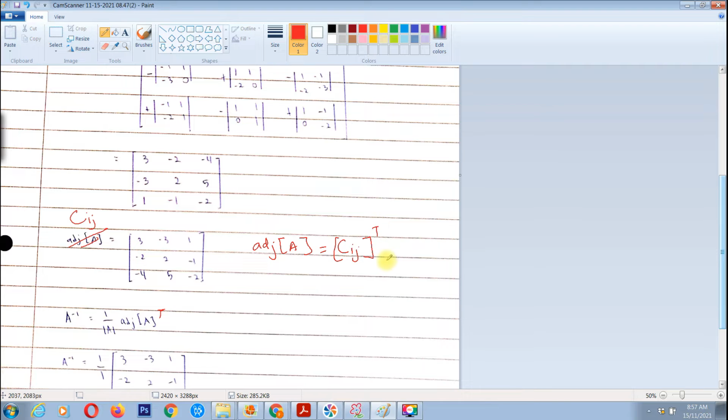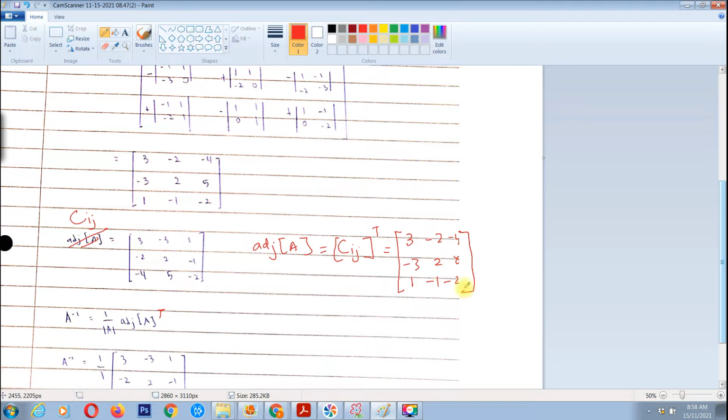We need to transpose, and we will get 3, negative 2, negative 4, negative 3, 1, 2, negative 2, negative 3, 2, 5, 1, negative 1, negative 2, and then close bracket.